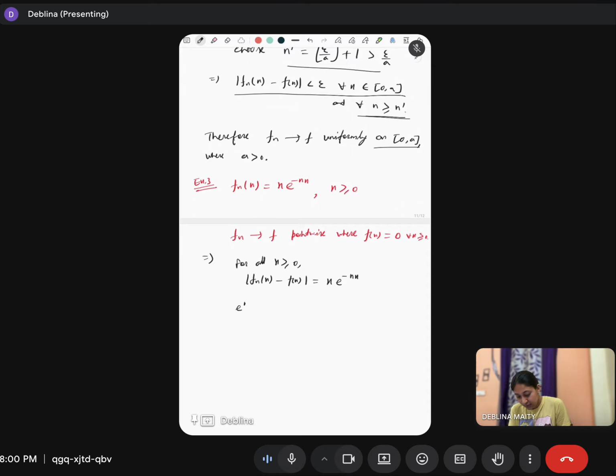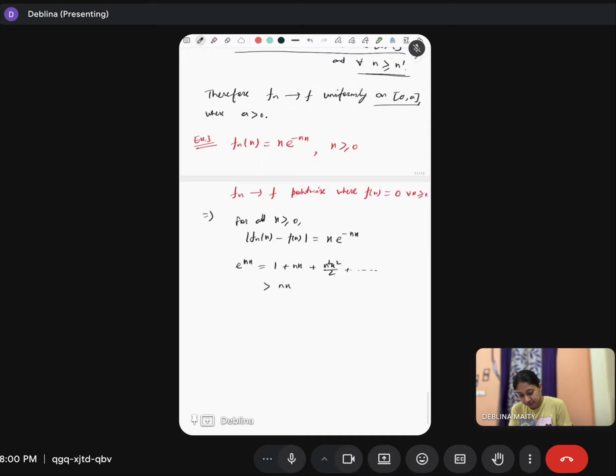Now e to the power nx, from the series expansion, is strictly greater than nx when x is greater than 0.